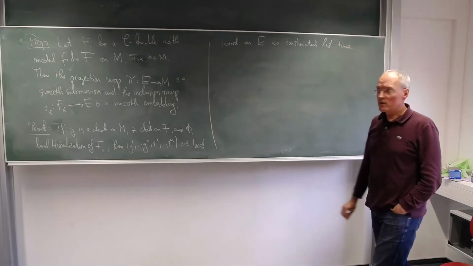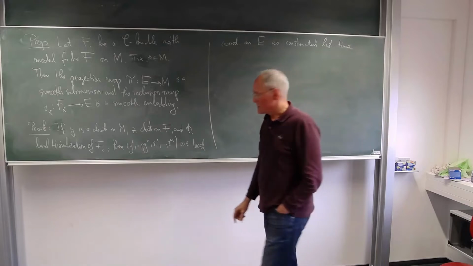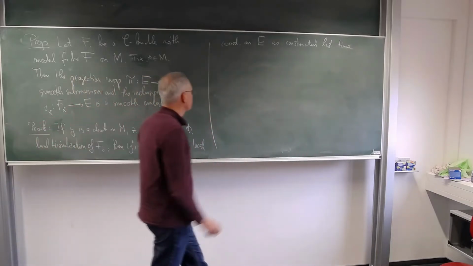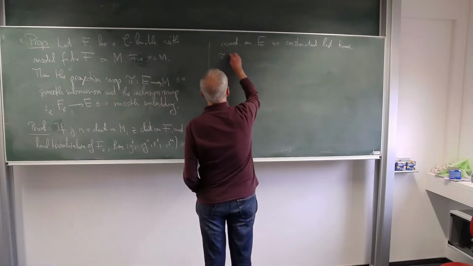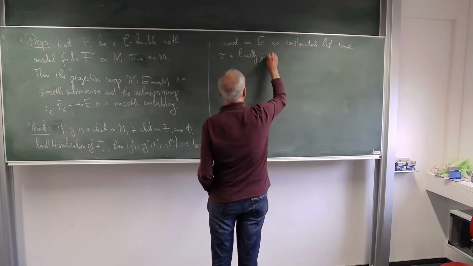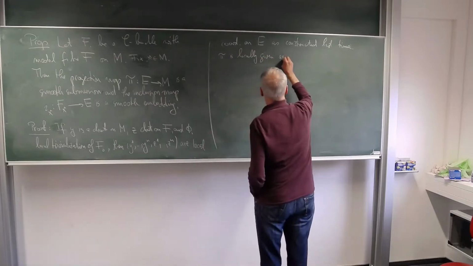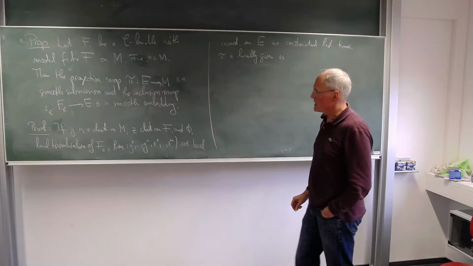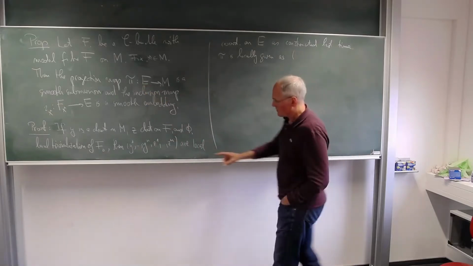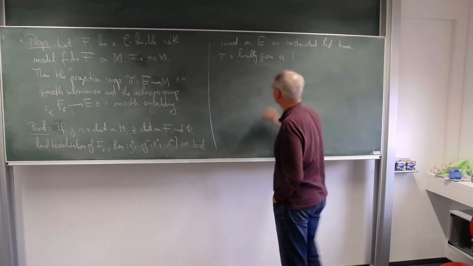And now let's see how these maps look in these coordinate systems. So how does the map pi look? Pi is now locally given as, well, it takes a point of the total space, so given by these coordinates y1 up to zm.